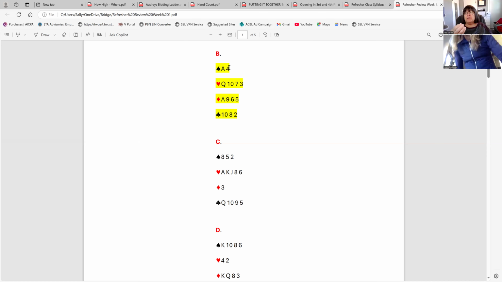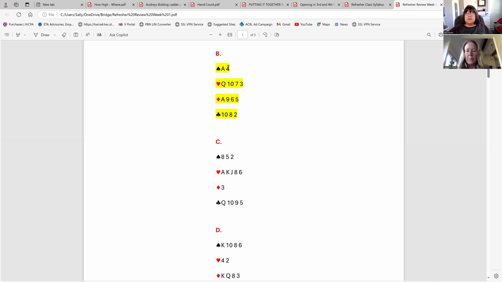We've got 4 points in that doubleton. We need to think about, is that really worth an extra point to add shortness where we've got an ace? In this case, it probably is.